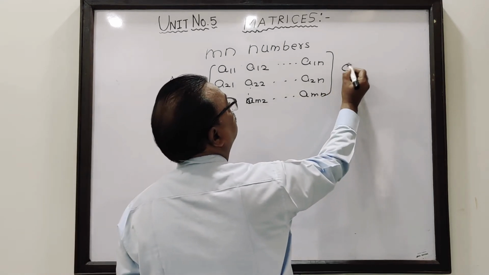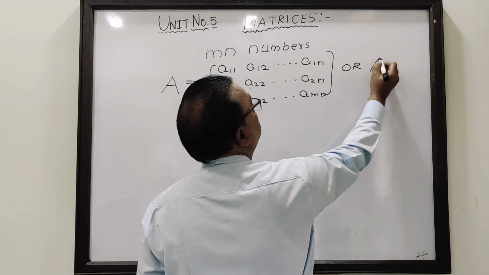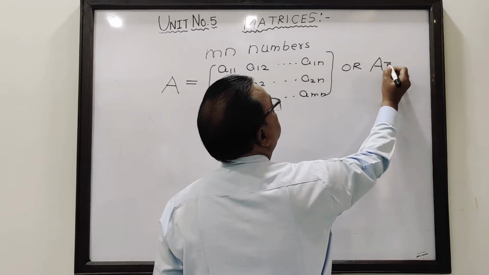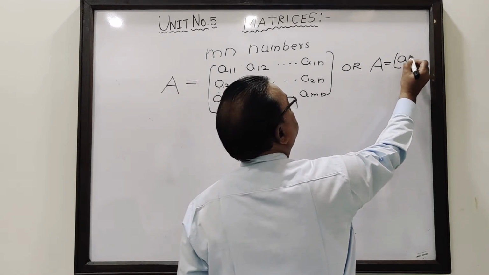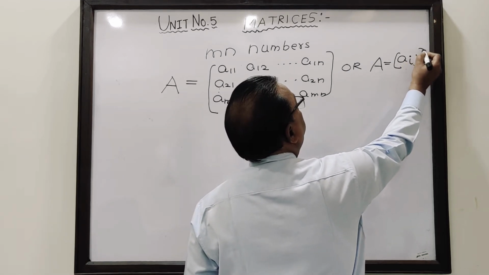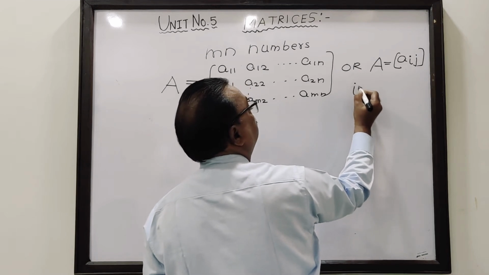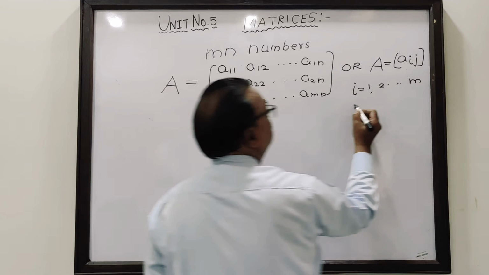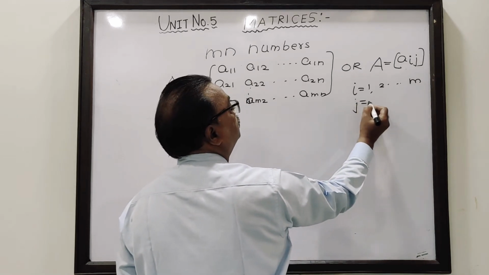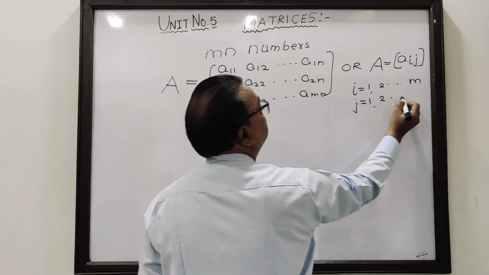Or it may be represented by capital A is equal to A suffix ij, where i varies from 1 to m, j varies from 1 to n.